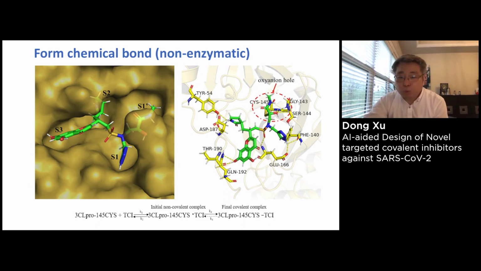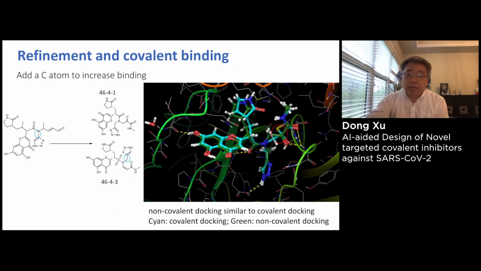In order to do that, we actually make the docking structure, and then we simulate the binding. And then after this simulated bond interaction, we optimize to see whether the conformation remains the same. If it's similar or almost the same, that means it's readily available to form this chemical reaction. Of course, we sometimes need to do some adjustment in order to achieve that.